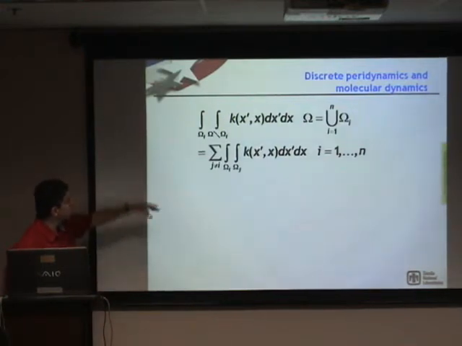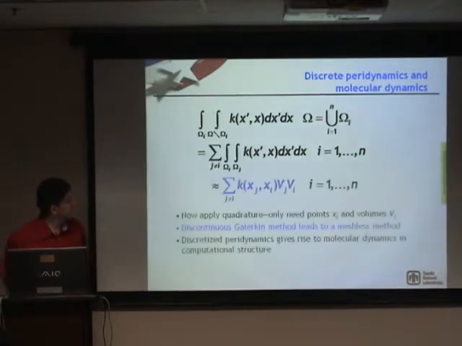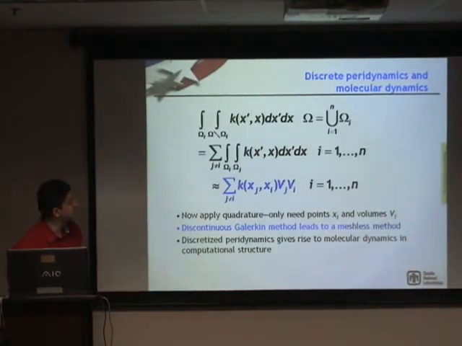You introduce that decomposition for omega. Then the approximation would be one of quadrature. A simple-minded quadrature scheme would be to represent things at some points x_i, where each x sub I is some point within an omega I.